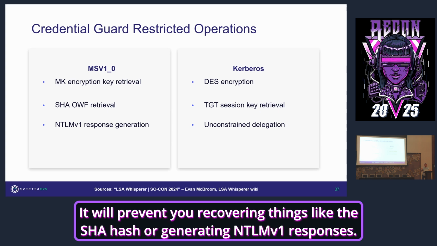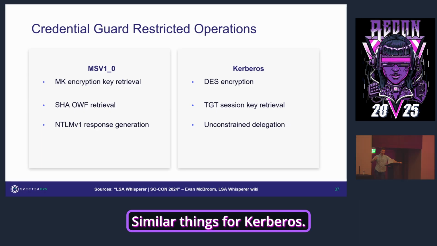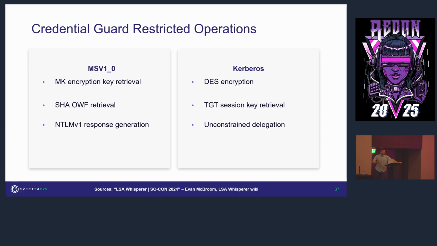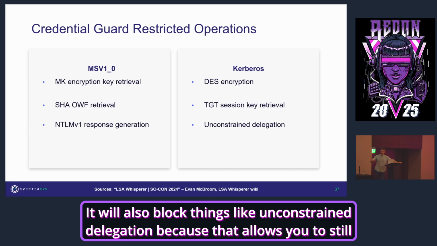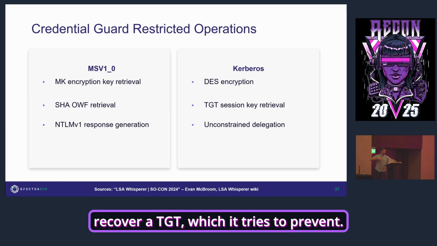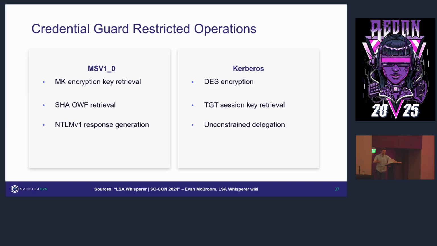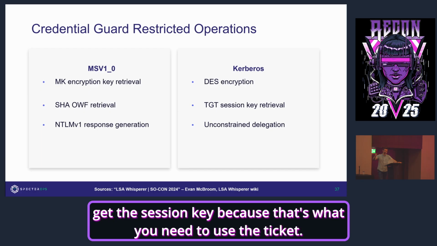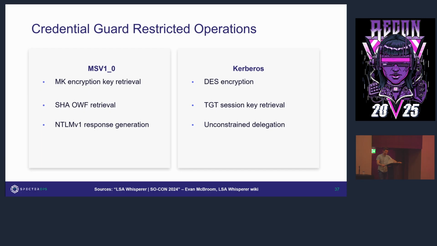It will prevent you recovering things like the SHA hash, or generating NTLM v1 responses. Similar things for Kerberos. If there's an older antiquated protocol, it'll block it. It'll also block things like unconstrained delegation because that allows you to still recover a TGT, which it tries to prevent. Specifically with the TGT, it doesn't really care if you get the ticket. It cares if you get the session key because that's what you need to use the ticket.